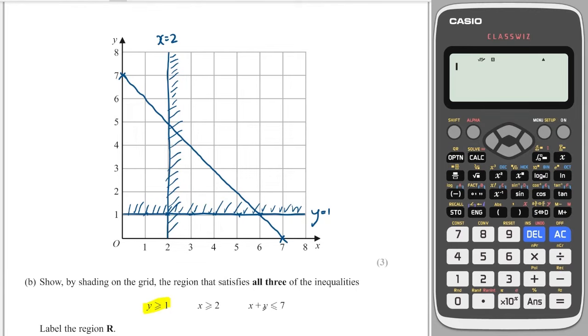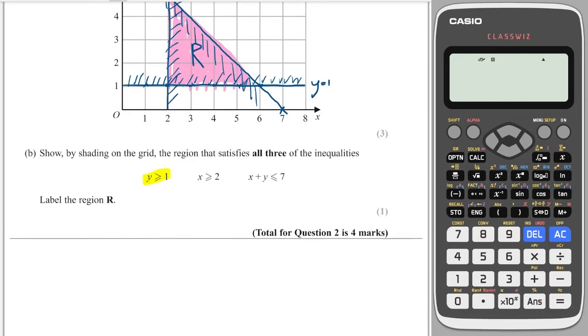And we want the x plus y to be less than or equal to 7, so it's got to be below this line that we drew. And you can see that it converges upon this triangle in the middle, which is going to be our region, which we can shade in. I mean, 99% of the time it's always the triangle in the middle. So if in doubt, just shade the triangle in the middle.